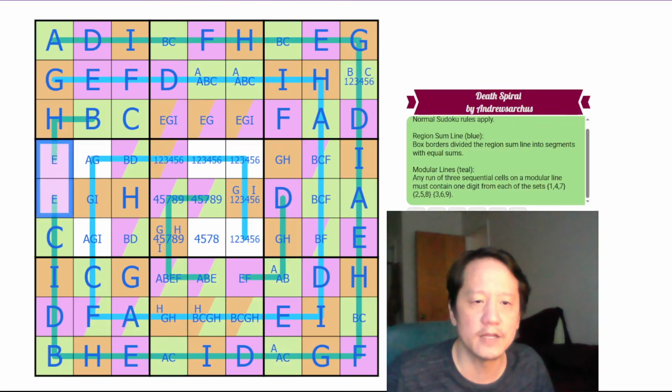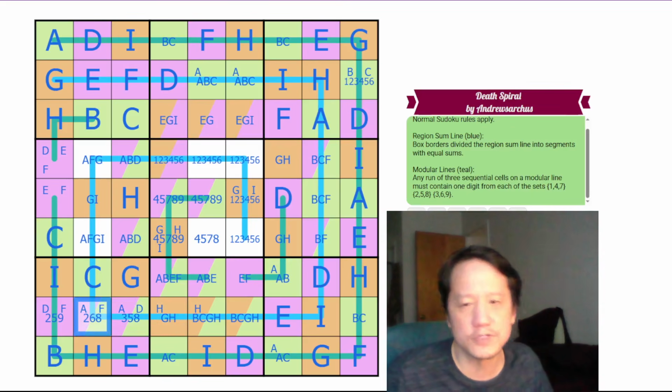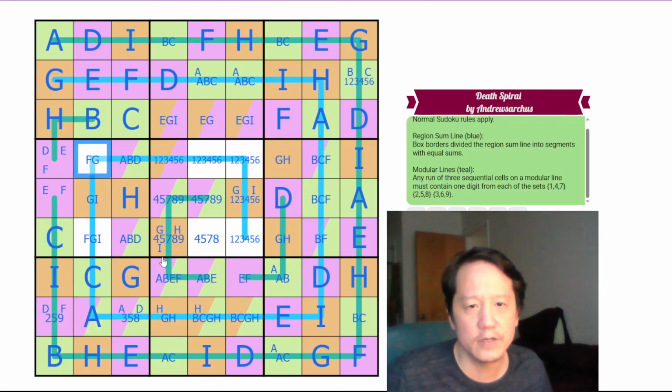So that cannot work, which means this can't be F. So this has to be A. So this is A, which means this can't be A here. This is A and C. That forces this to be, this can't be F, so F has to be here.